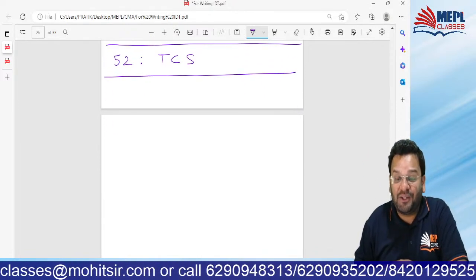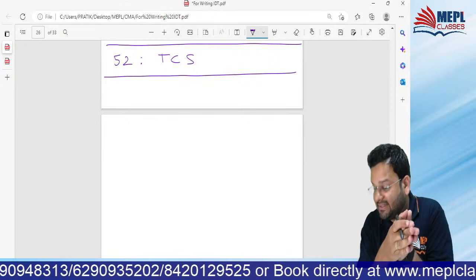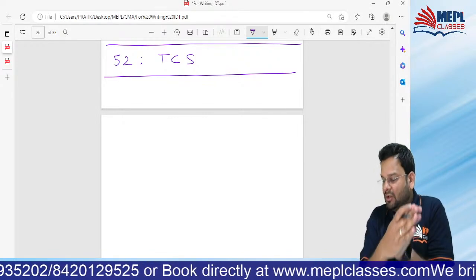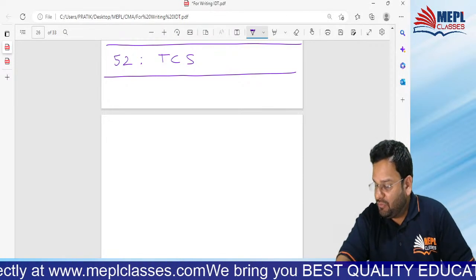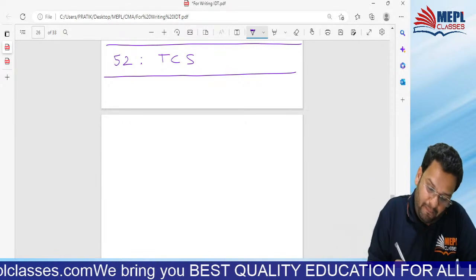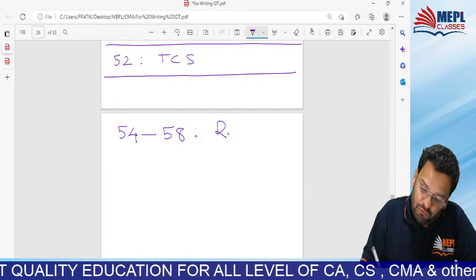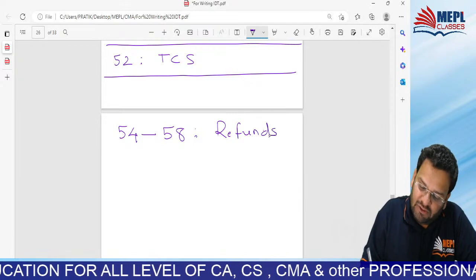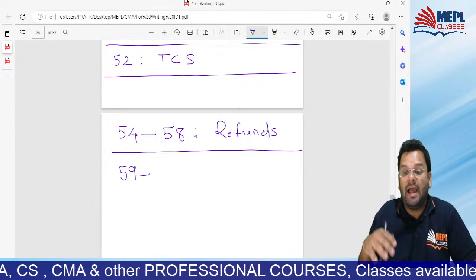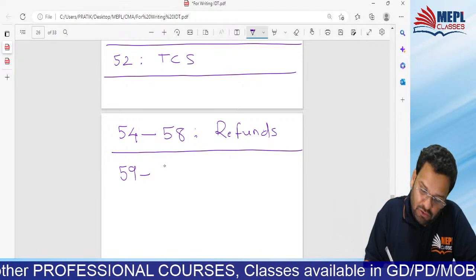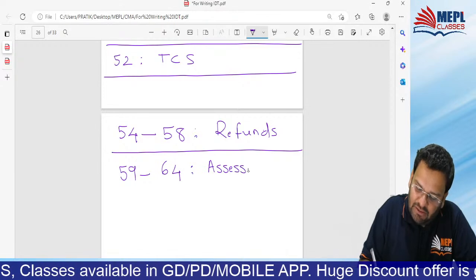Then, since we are talking about important sections only, I will tell you that if we include other sections also, 54 to 58 in fact will be refunds under GST, and 59 to 64 will all be assessments under GST.